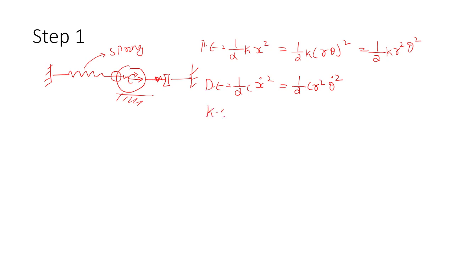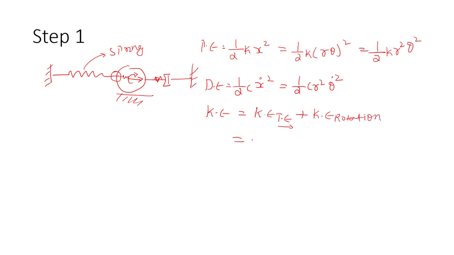Now the third term is kinetic energy. So can you pause for a minute and think about what the components of kinetic energy present in this system are? Let me give you a hint. This body is translating, and at the same time it is also rotating. So there will be two kinetic energies, the sum of kinetic energy due to translation and due to rotation.